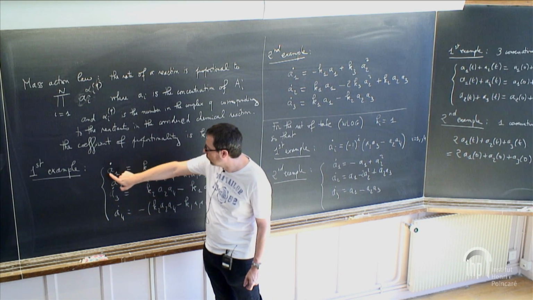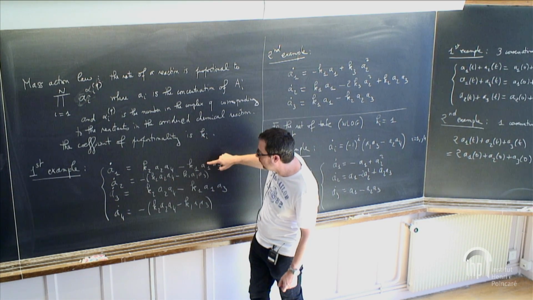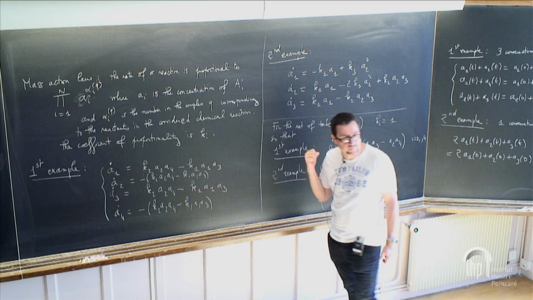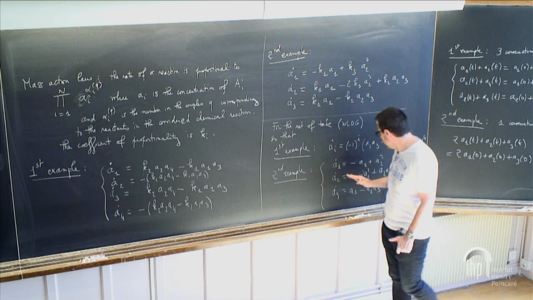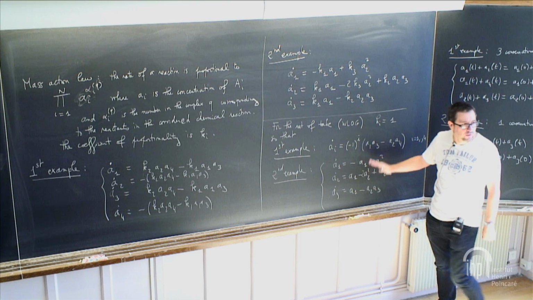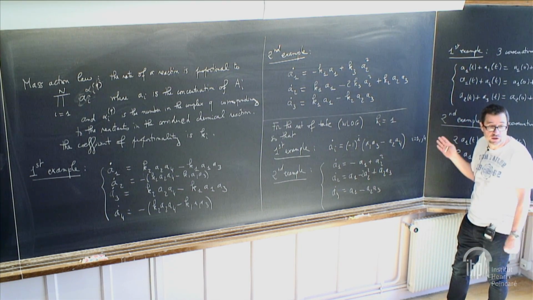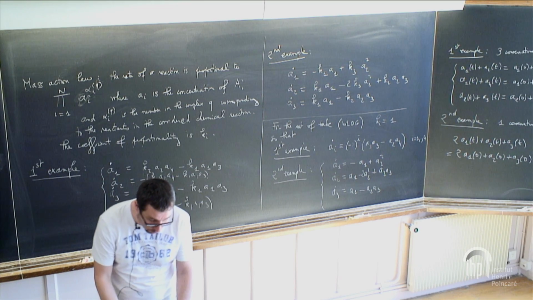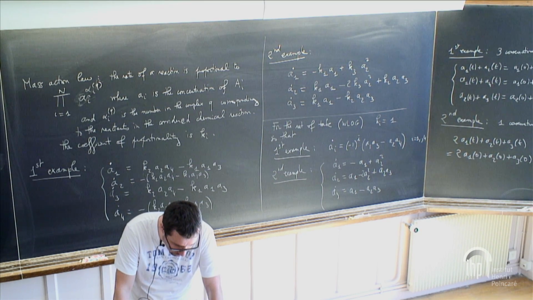So for the first one, you have minus A1. For the second one, you have minus A2, etc., and the same for the other one. So at the mathematical level, it's very easy to show that positivity is preserved for the ODEs. Of course, the same point will appear when we write down the system of PDEs.